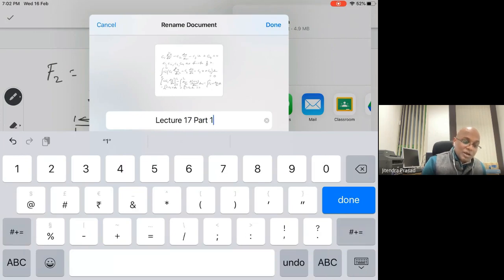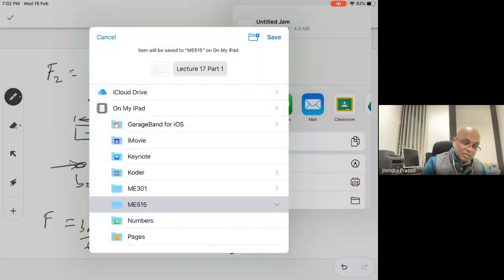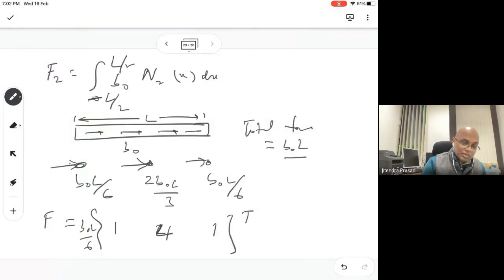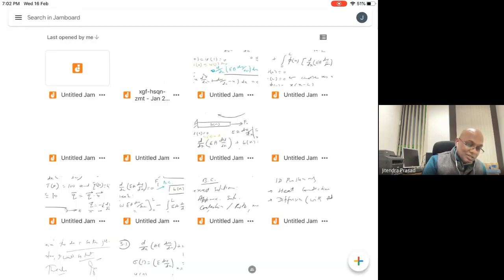I'm doing this because it allows only 20 pages, so that's why I have to open a new page. Okay, so we know this one. Now next thing, we are just going to solve it.